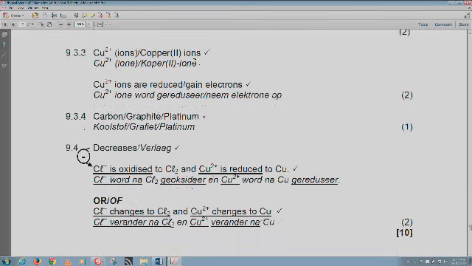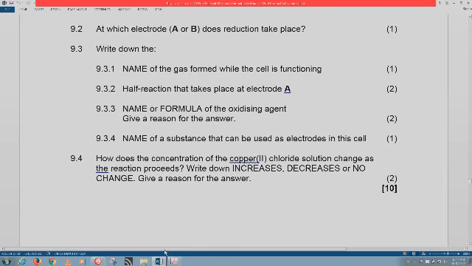And then the reason why the learner says copper 2 ions must be copper 2 ions are reduced, or copper 2 ions gain electrons. That is the reason there. And then 9.3.4, write down the name of a substance that can be used as electrodes in this cell.